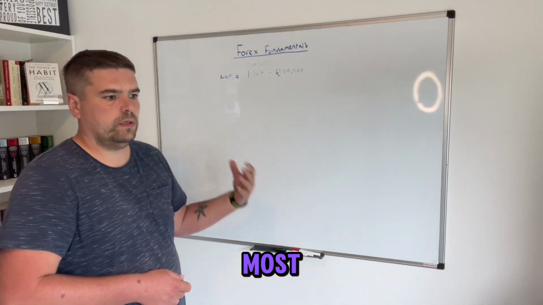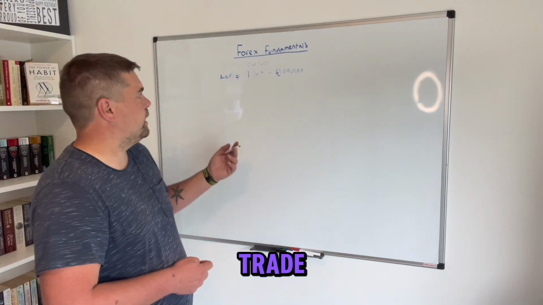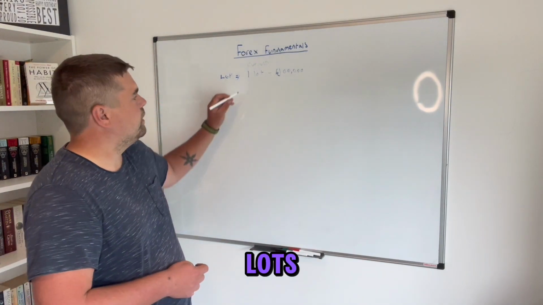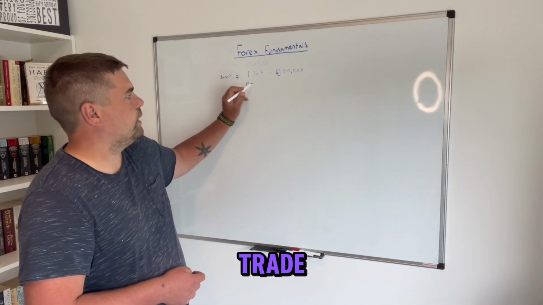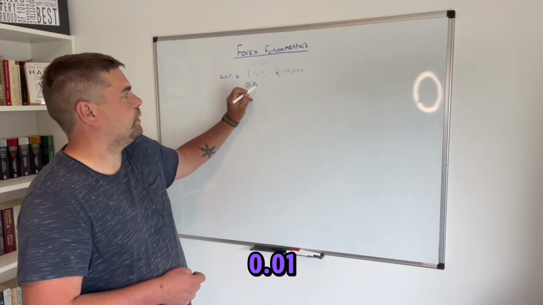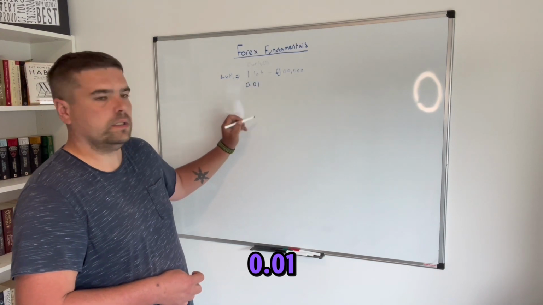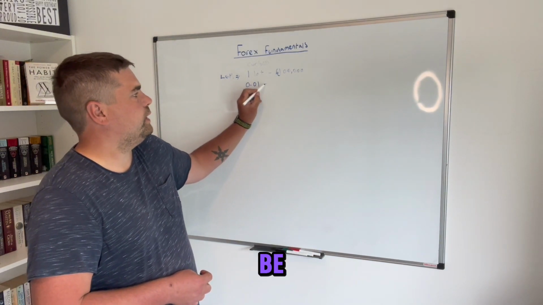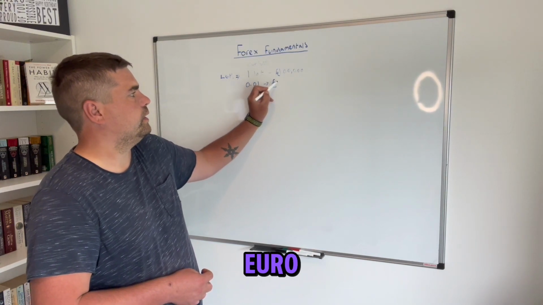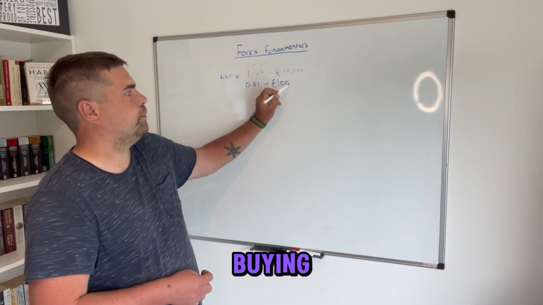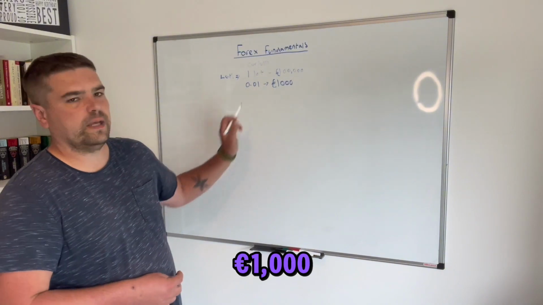Now, most Forex brokers will allow you to trade with micro lots. So instead of having one full lot, you could trade on 0.01 lots, which, again using the euro, would be the equivalent of buying or selling 1,000 euros.